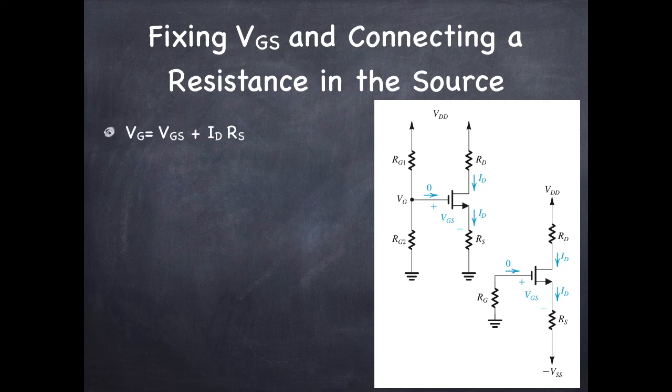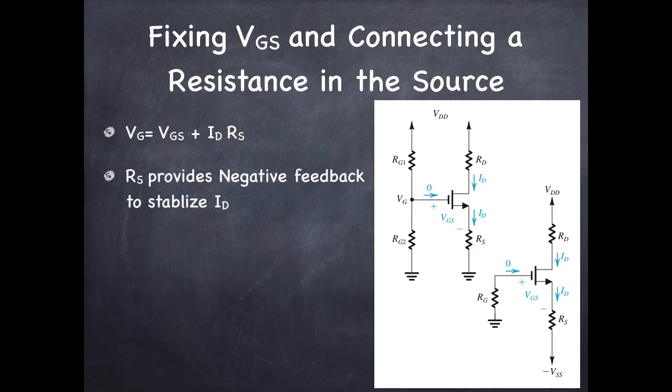You can observe here the gate voltage VG is equal to VGS plus IDRS. Now RS is providing negative feedback to stabilize the drain current. VG is constant, that is, it is fixed using the two resistances and the VDD value.